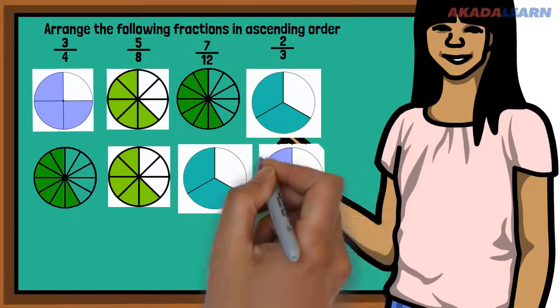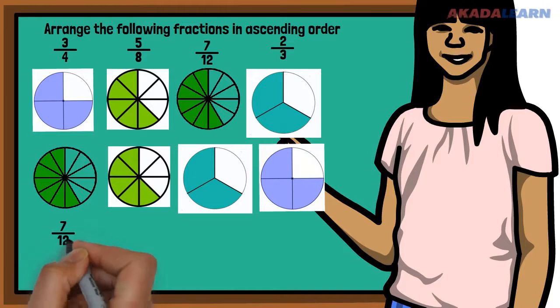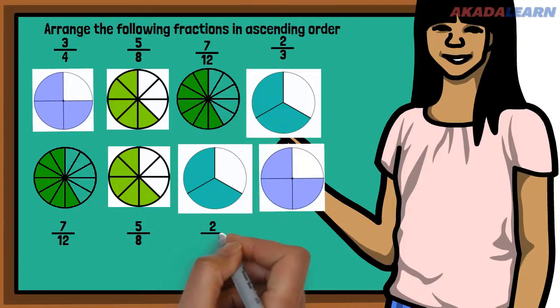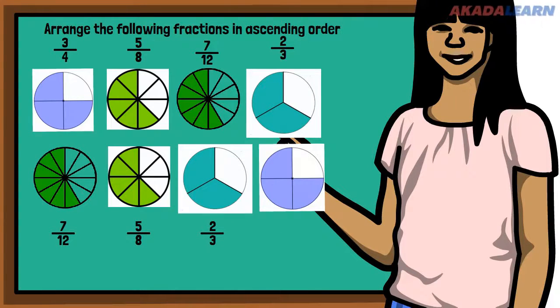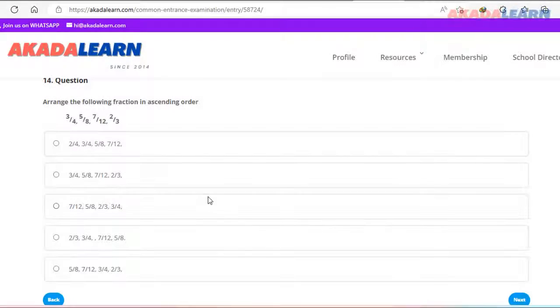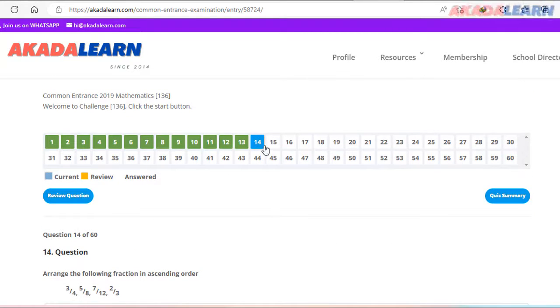And then last but not least, you can see that one looks like the highest. So the order is 7 over 12, 5 over 8, 2 over 3, and 3 over 4. So the answer is option C. So let's click that and let's go to our next question.